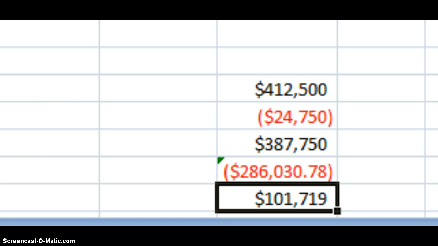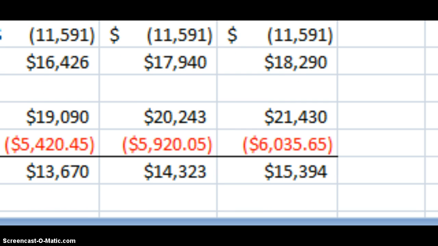Okay. Really quick before I proceed, while I was checking my notes, I noticed that up here this was incorrect, and for some reason this formula wasn't calculating when I pulled it over.